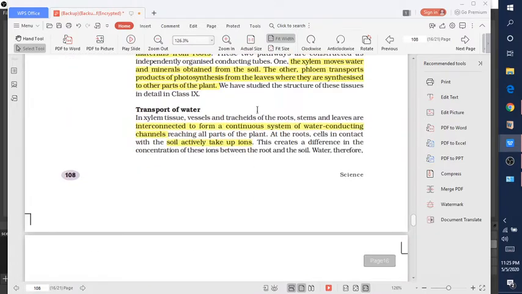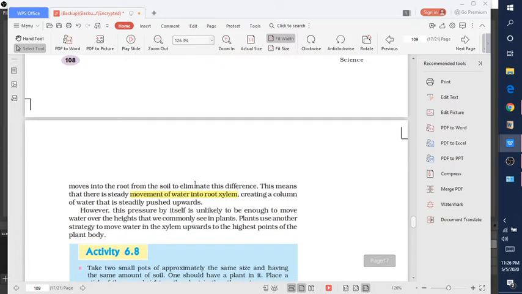Now start with the absorption of water and minerals. The water and minerals are absorbed by the plant from the soil through the root hair or root apex. There is a difference in concentration between the soil and root hairs, so water molecules move from higher water potential to lower water potential, then to xylem vessels and tracheids.